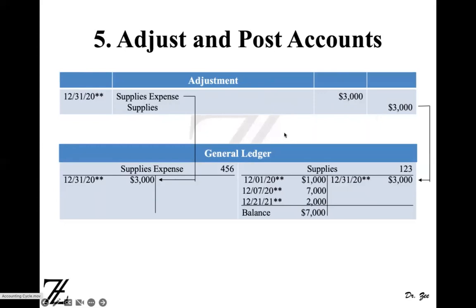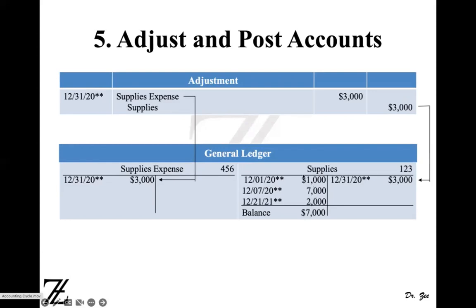Then we are going to post this to the general ledger. We have T accounts here, supplies expense and supplies, and you can have many other accounts that you are making adjustments for. The supplies T account shows the supplies you bought during December: there was a balance on December 1st, and then you bought $7,000 worth, and you bought $2,000 worth again.